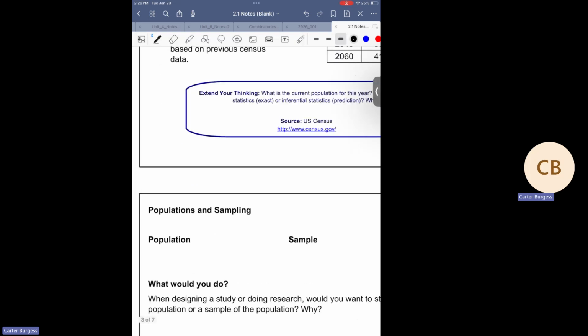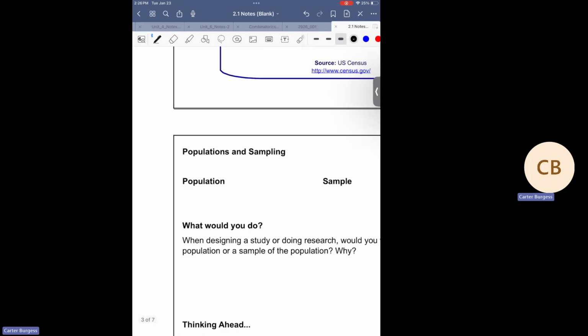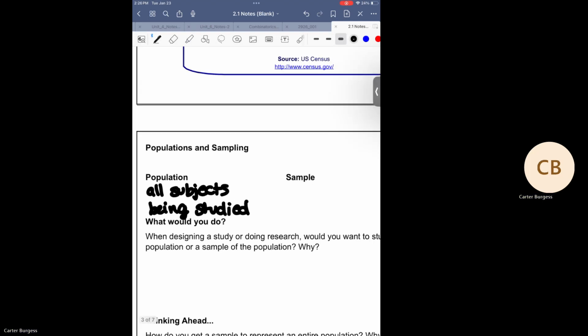So population, for our intents and purposes, is going to be all subjects being studied or observed or what have you. And a sample from this population is going to be a subset of the larger population.